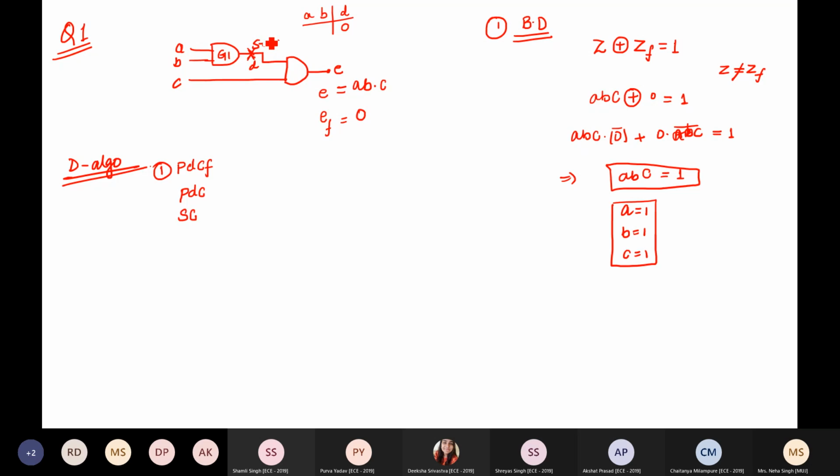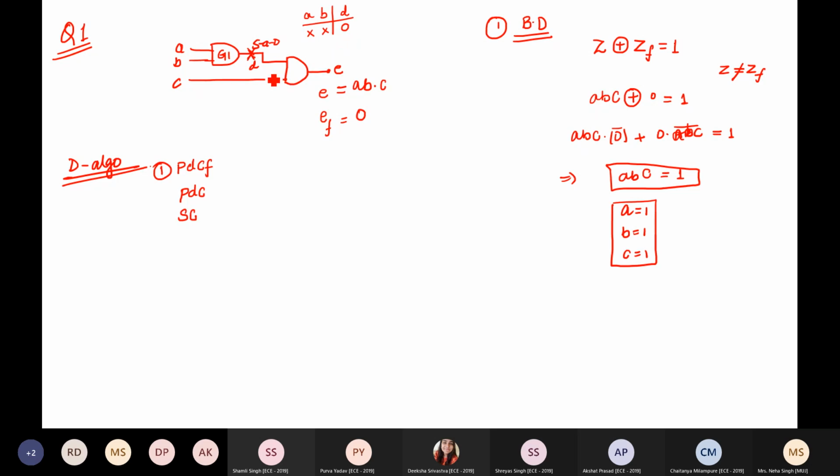Since this is a stuck at 0 fault, whatever be the input at A and B, D will always be 0. Hence, A and B are X, that is don't care. So, PDCF for gate G1 will have the value of A as X, B as X and D as 0.